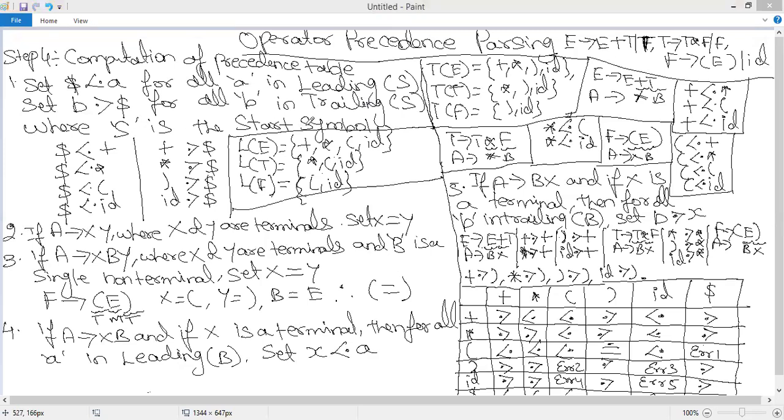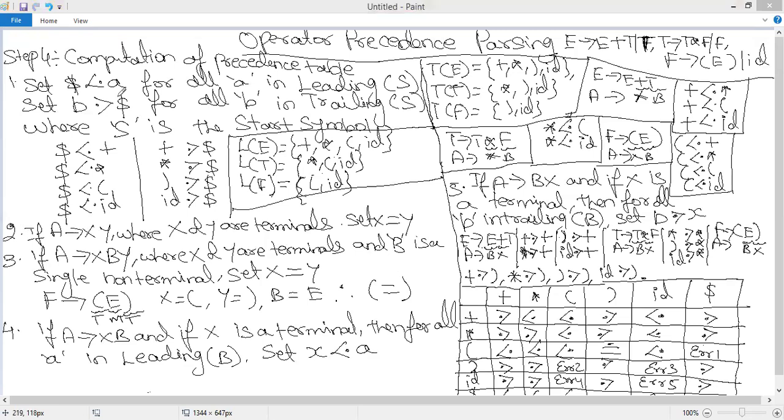Here we are talking about the non-terminal E, because in our production rule, non-terminal E is the starting symbol. So we have already identified leading of E and trailing of E.